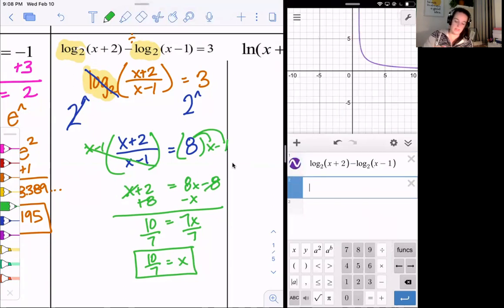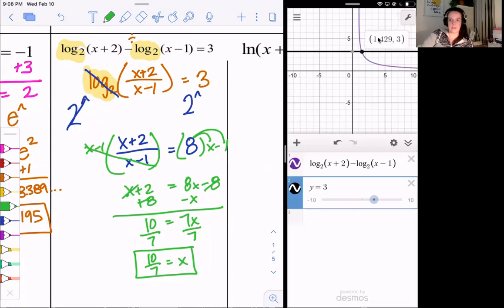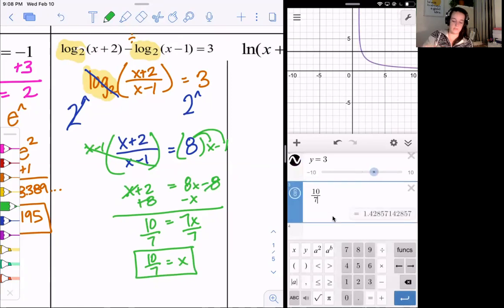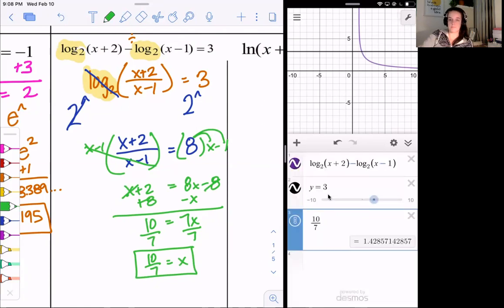And then I could put in just y equals 3 here. And I can click on this guy here, and I see that it's 1.429. I think that's probably the same as 10 over 7, but we'll check. 1.429 for sure. So I got the correct answer there, and I can continue on my way.